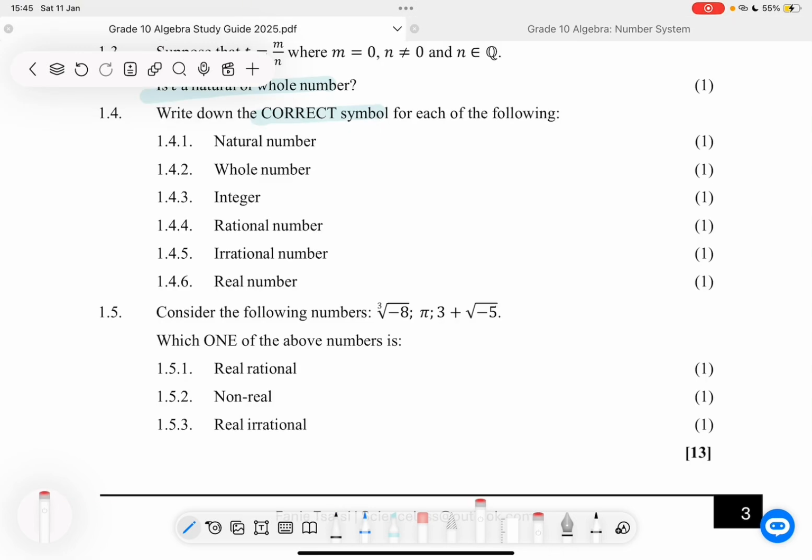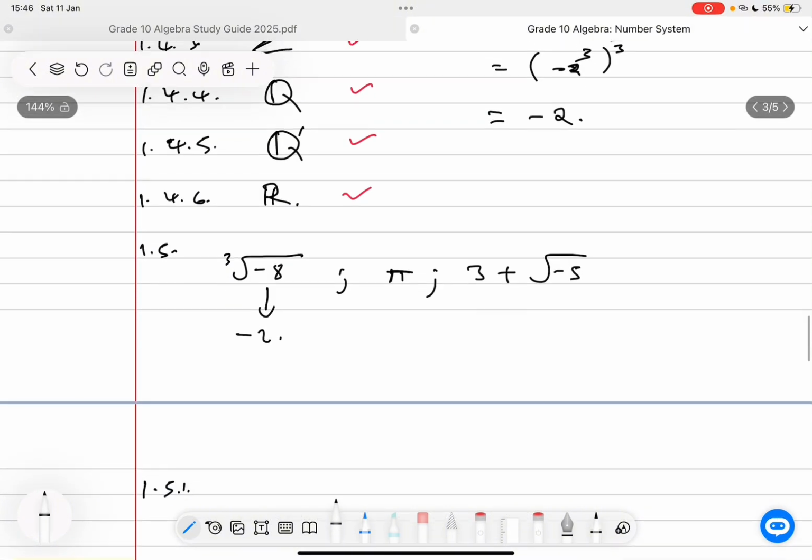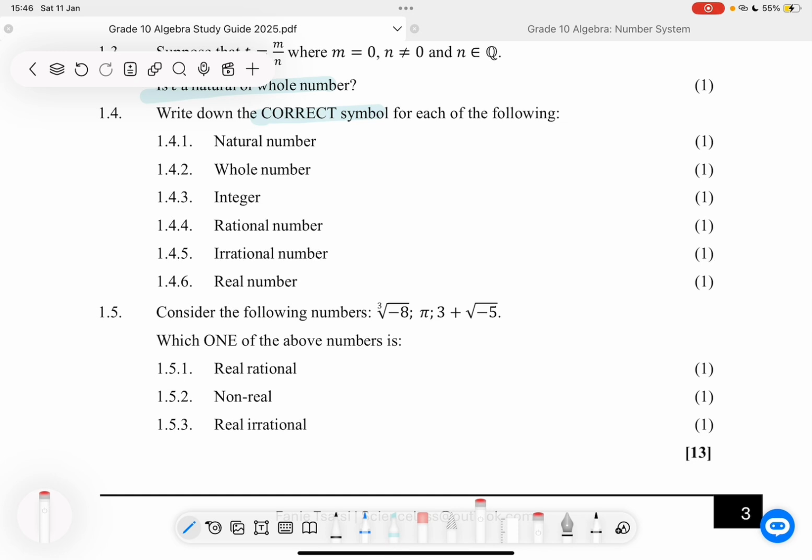Now let's look at the first question. It says real rational number. -2 is an integer, and we know that an integer is a real number. But they're not just saying a real number, they're saying a real rational number.